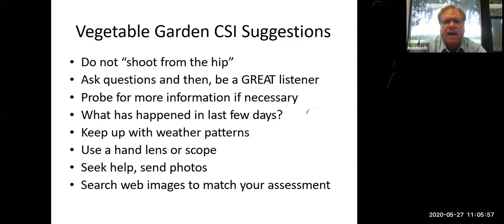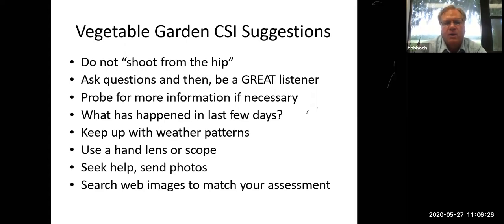Just a few guiding principles that I look for in this situation, especially when you're trying to decipher what's going on. First of all, don't shoot from the hip. Sometimes the first inclination is correct, but I would just say be patient and go through this process. For those of you that are in master gardener roles or extension agent roles, I think it's most important to be a really good listener to the person that has this issue.